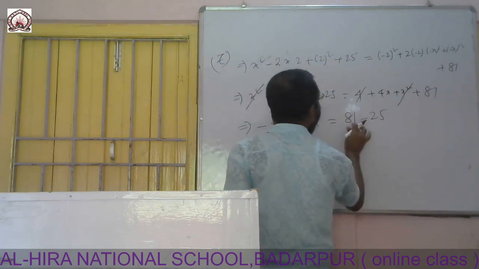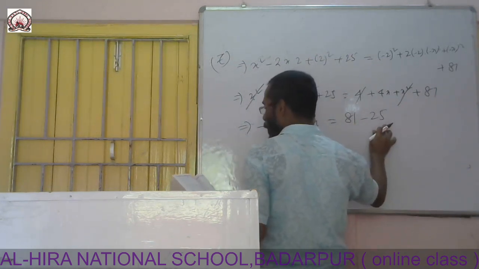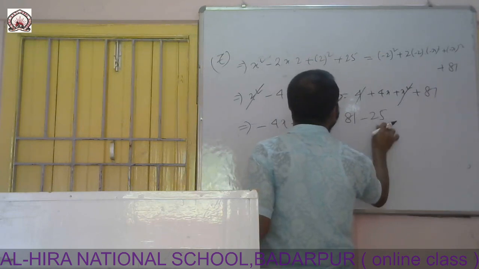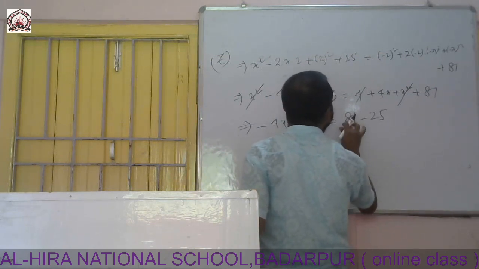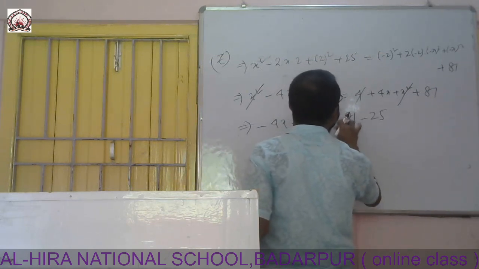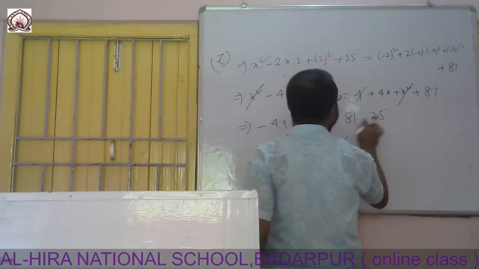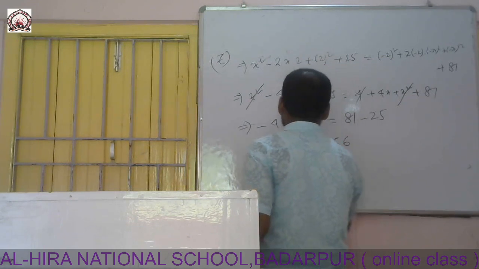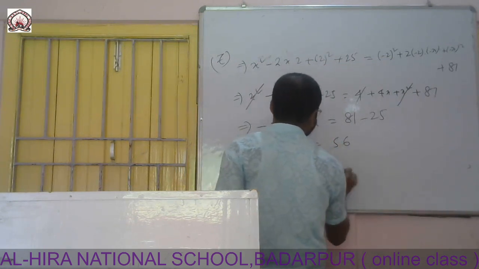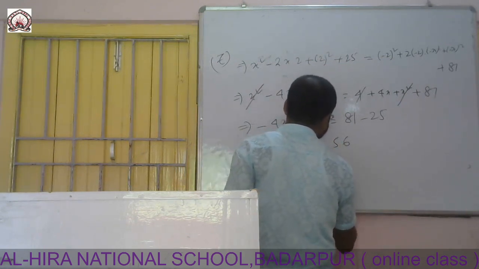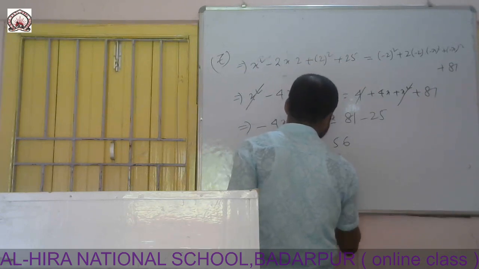So minus 8x is 81 minus 25, which is 56. So x will be 56 by minus 8, 8 sevens are 56, so this is minus 7.